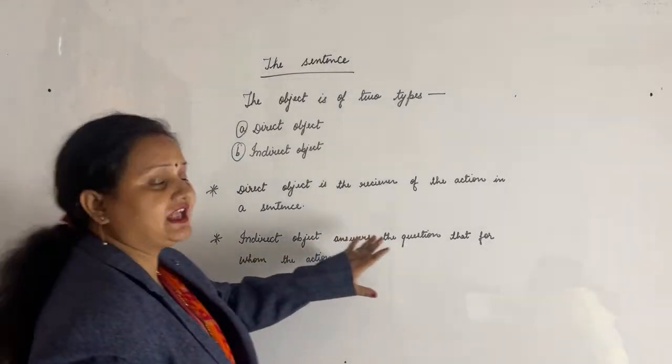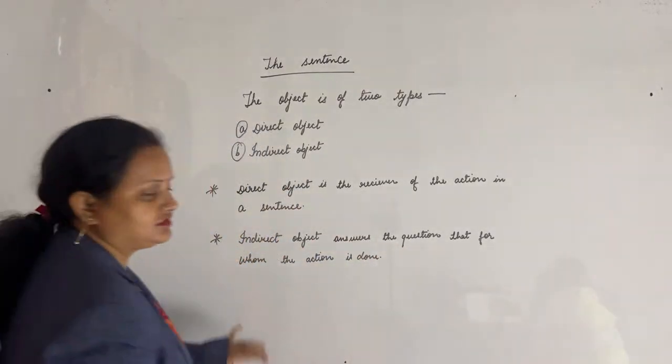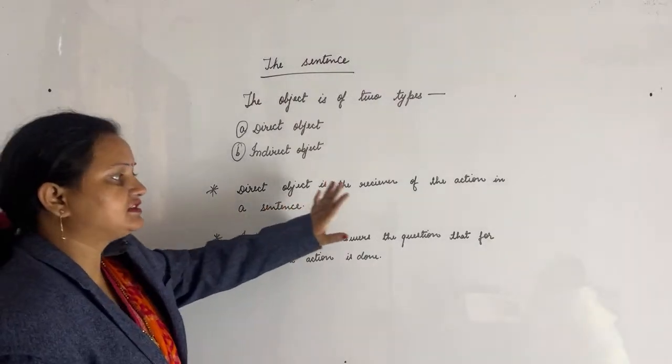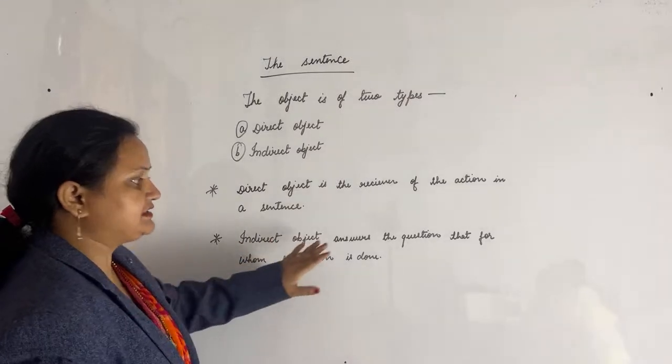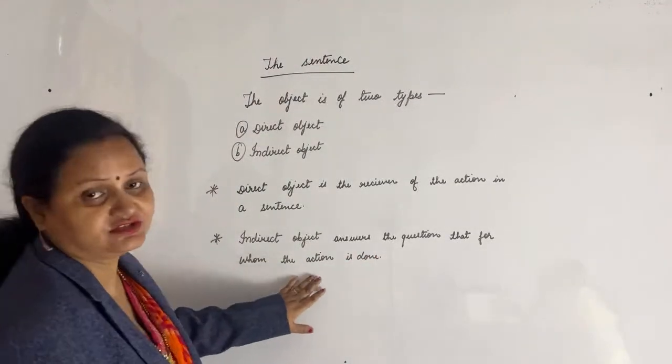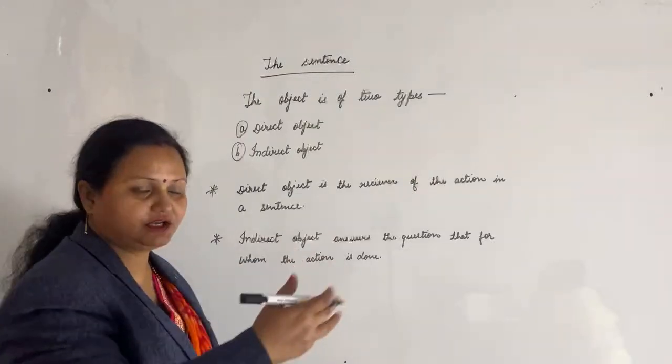Indirect object always answers the question that for whom the action is done. Action is always done for somebody or someone.